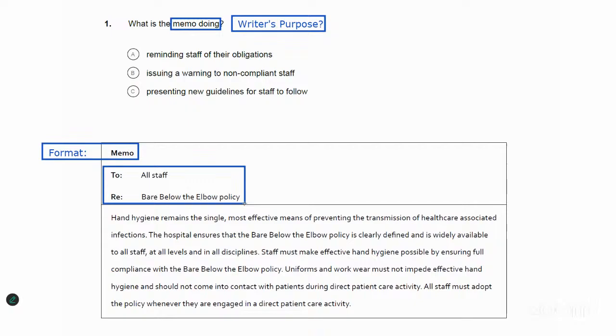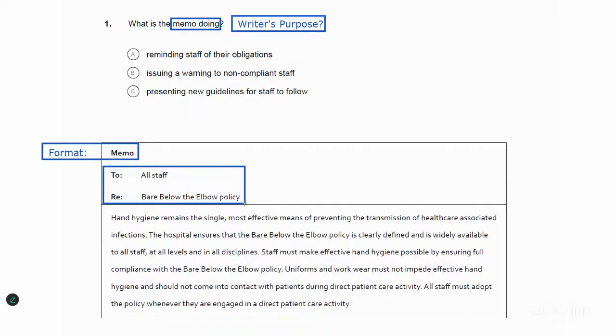Now this is an instructional, okay, and this is a directive policy. It is telling what somebody should do. It is instructing, it is directing the staff to follow this particular policy, that is bare below the elbow policy. It is a directive, it is instructional.